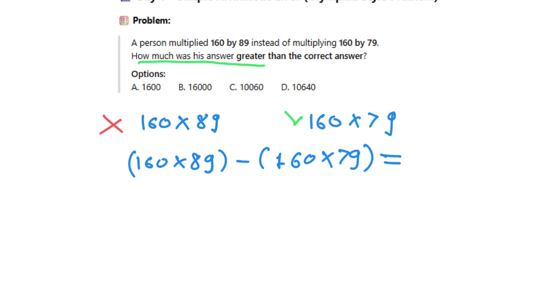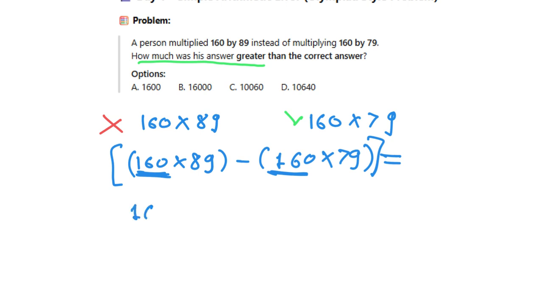So in multiplication we can use the distributive property, where we can take the common element outside. The common element is 160. So in this whole equation, we can take 160 outside.